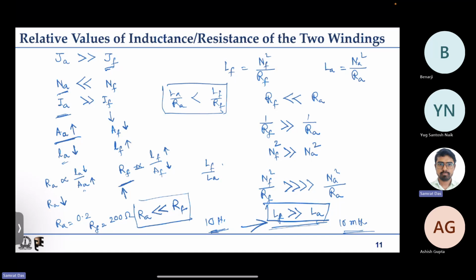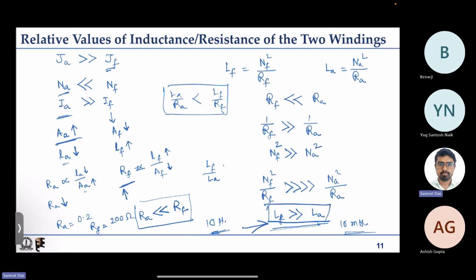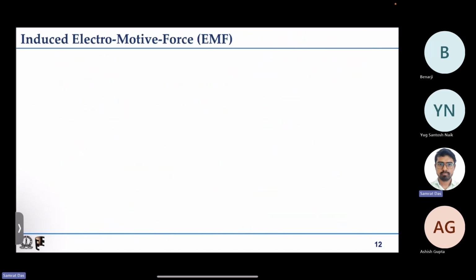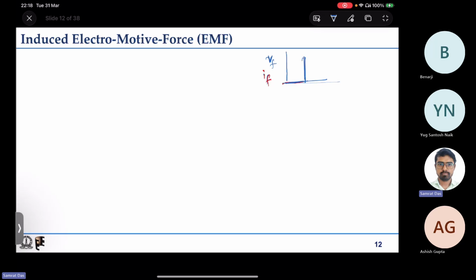So what is the meaning of time constant? Say I am indicating here, if you have a field voltage and field current, say field current is red and field voltage is blue, and you had the field voltage at 0. Now if you increase the field voltage suddenly, you expect the field current to also rise.